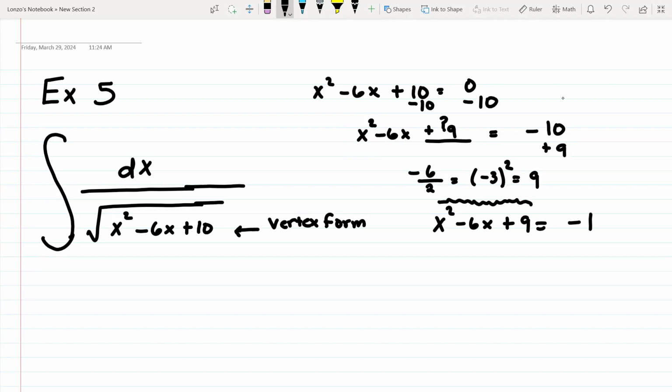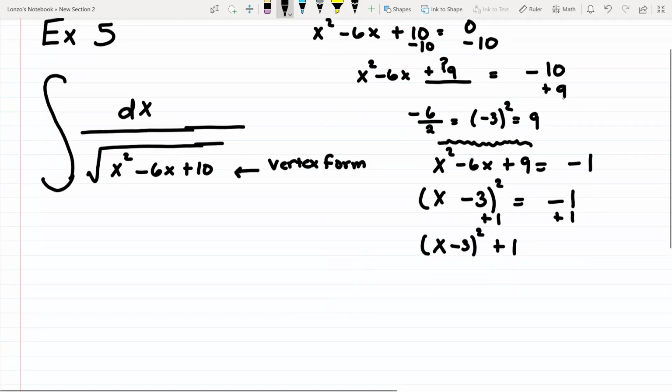Then what you do is go backwards. You have to put x squared minus 6x plus 9 in factor form. How do I put that in factor form? It's just parentheses x and then half of your b, which is negative 3, squared, equals negative 1. Then you want to put it in vertex form, so all you have to do is move this negative 1 to the other side by adding 1 to both sides. So you have x minus 3 squared plus 1.